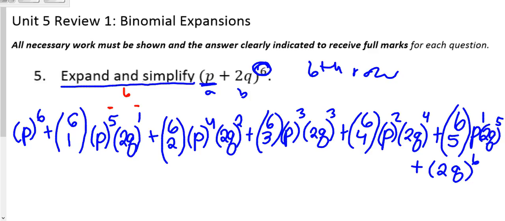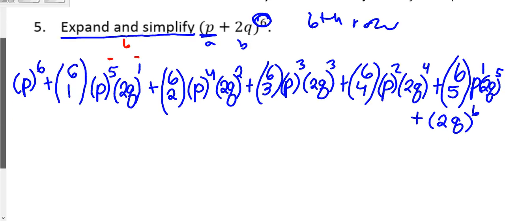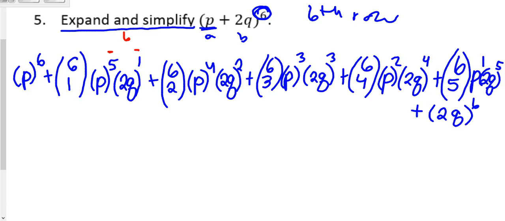So we've expanded and now we need to simplify. So carefully multiply out all of your numbers and make sure that you're combining everything that needs to be combined. So this first term will just be p to the 6 plus 6 choose 1 is 6.